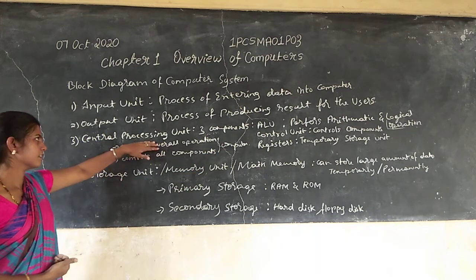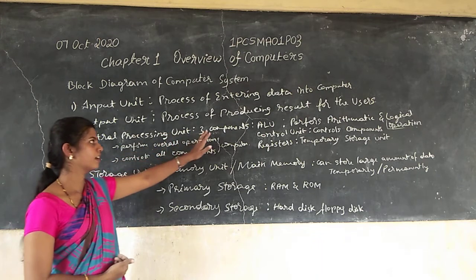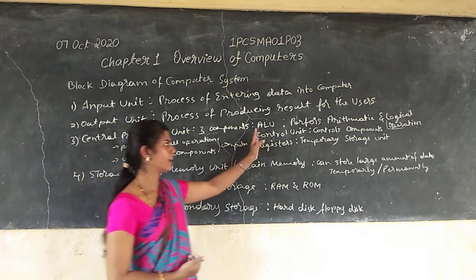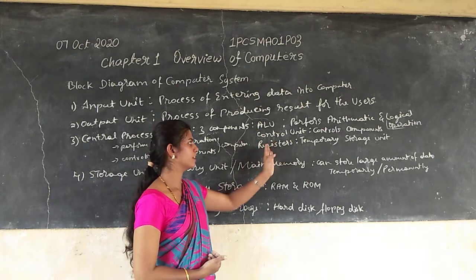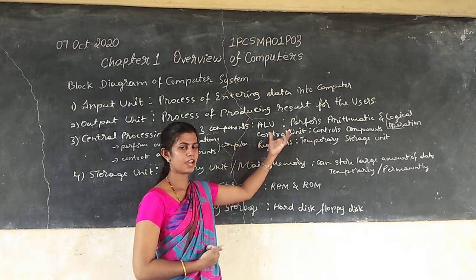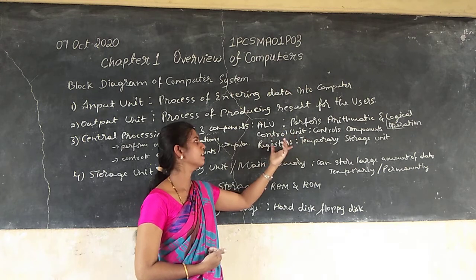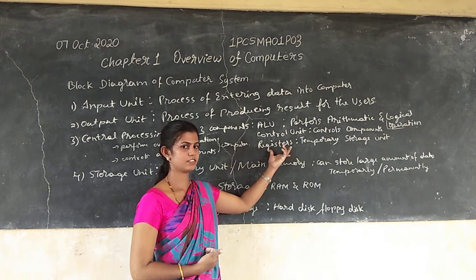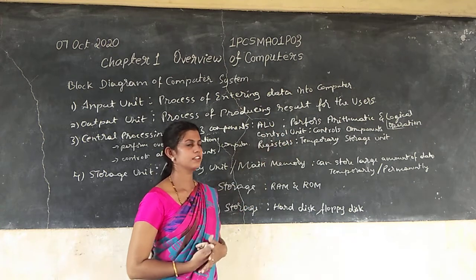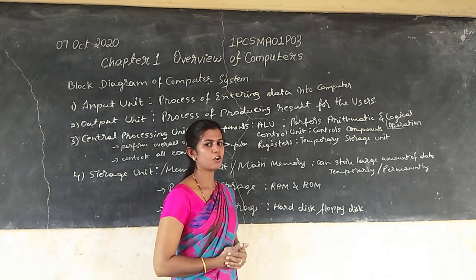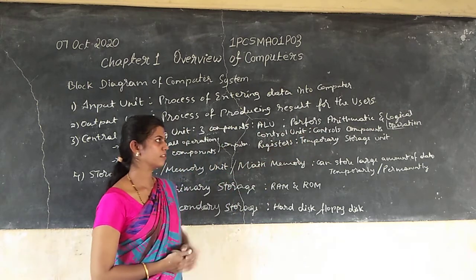This central processing unit has three main components, which are ALU, control unit and registers. ALU is nothing but the arithmetical and logical unit. What does ALU do? It performs arithmetic and logical operations.